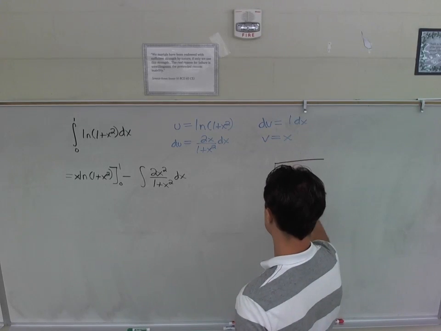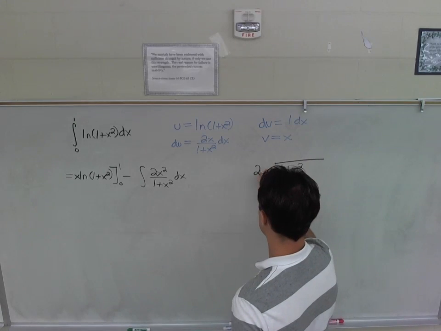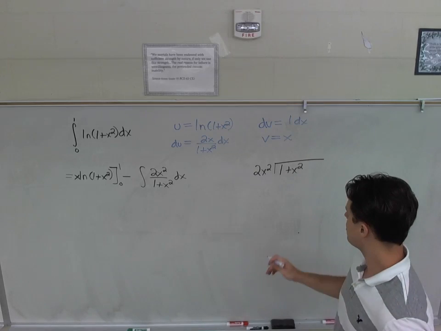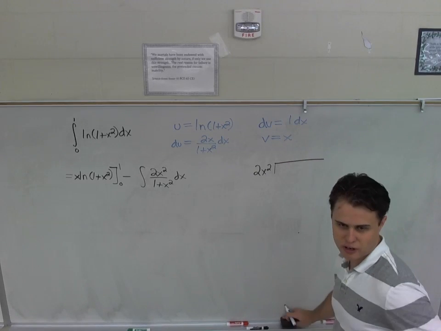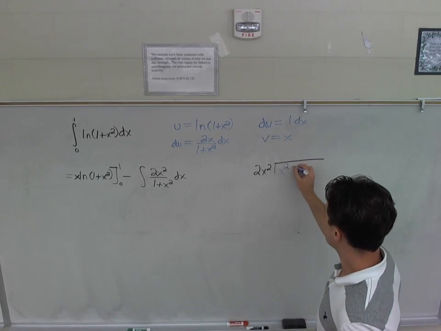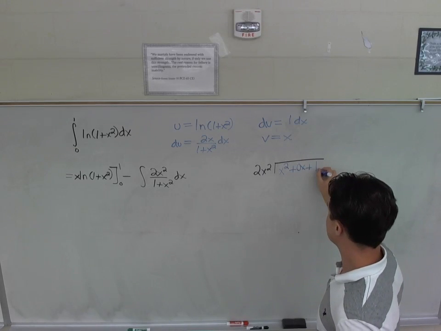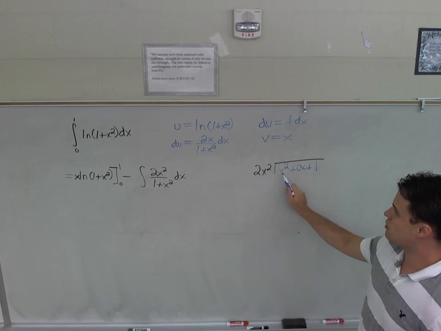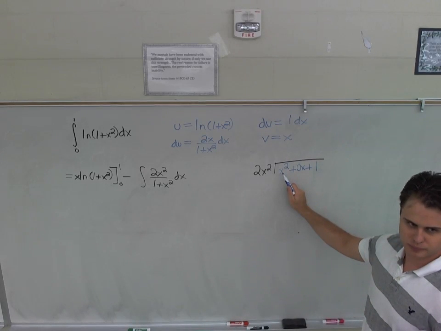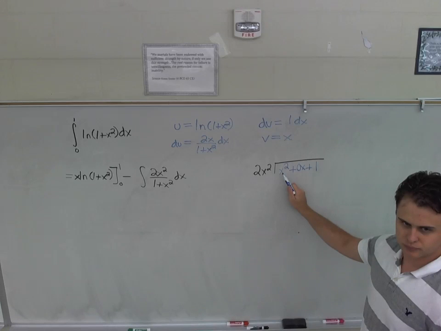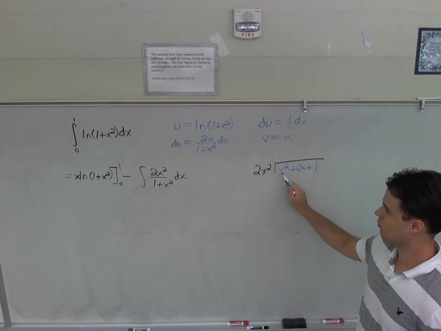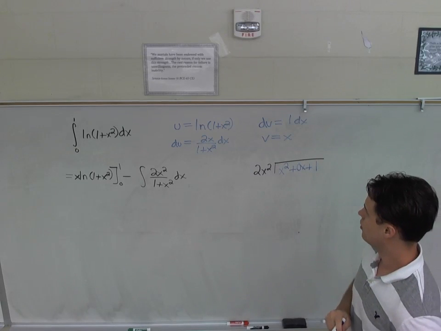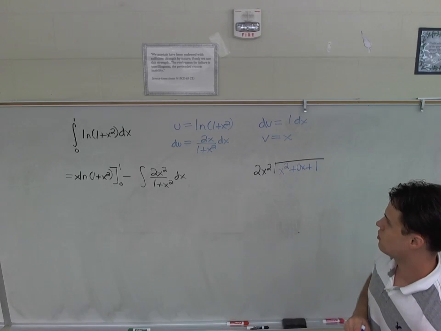So long division, let's do it. I'm dividing 2x squared by 1 plus x squared, okay? Let's see what happens. So, oops. You need to turn this around, right? x squared, and then put your 0 in, like so, when you're doing long division. So x squared times what is 2x squared? 2. Maybe I'm dividing this wrong.